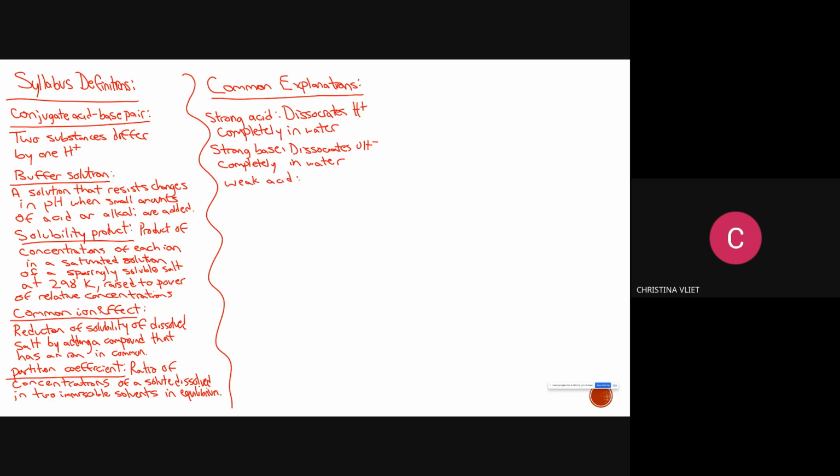Everything is the same except partially. Instead of completely, you use partially. So weak acid would be, I'm just going to point an arrow and put partially. Weak acid, weak base. Instead of completely dissociates, we're talking about partially dissociates. That's the key difference. That's the first one.